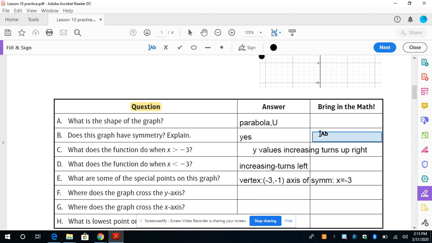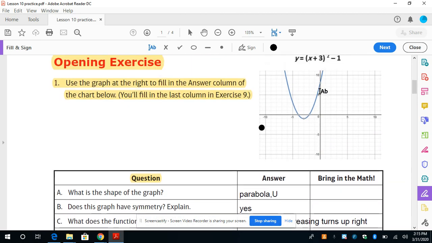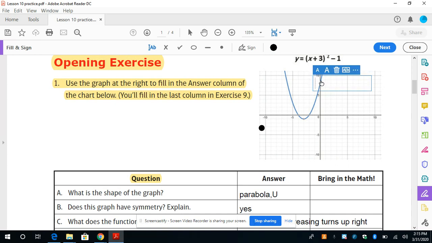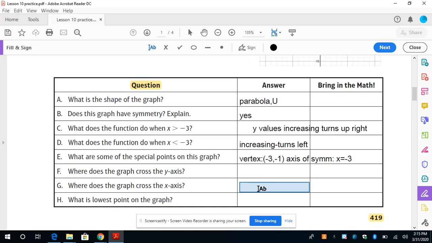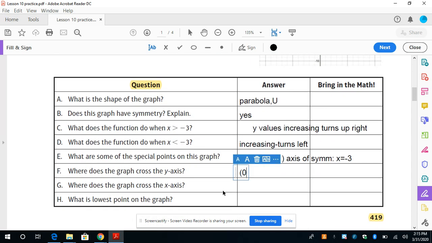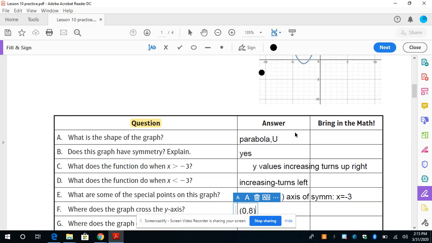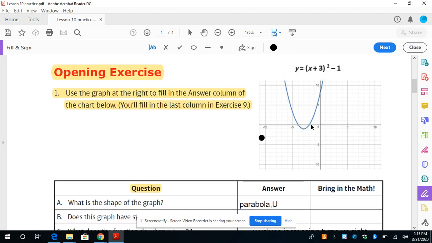Where does the graph cross the y-axis? What's the y-intercept? If you see this point here, looks like it hits at 0, 8. All right, where does the graph cross the x? It's where these 2 dots are at the bottom. So right here.